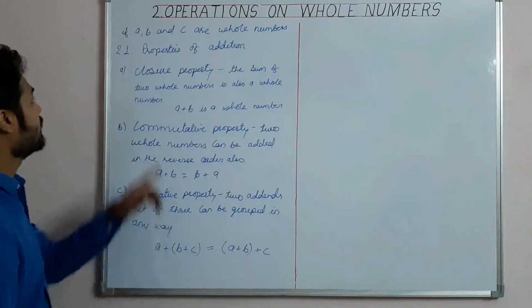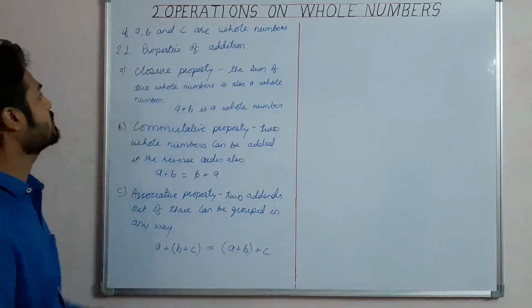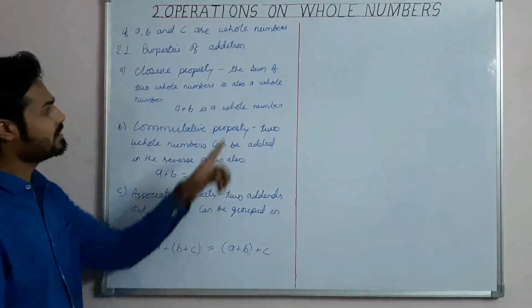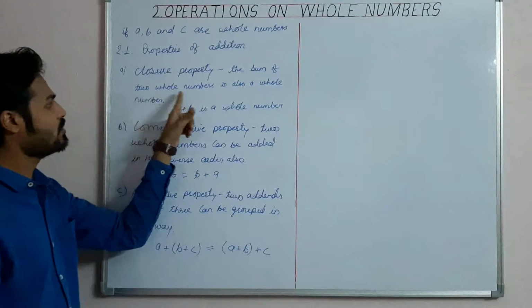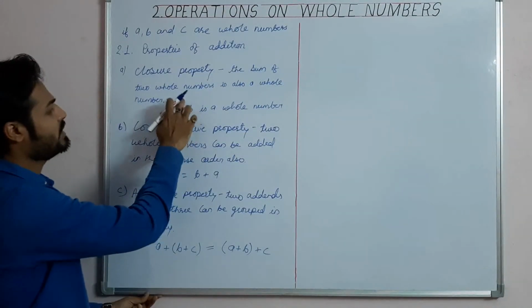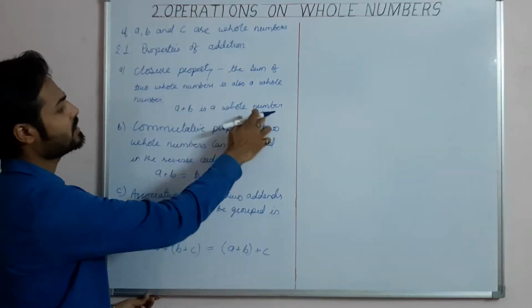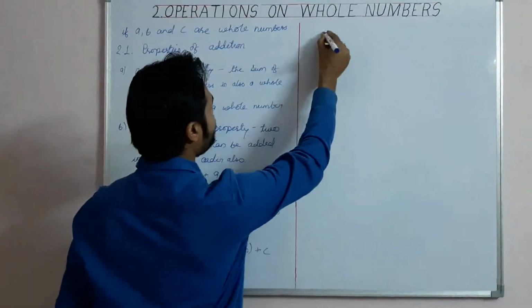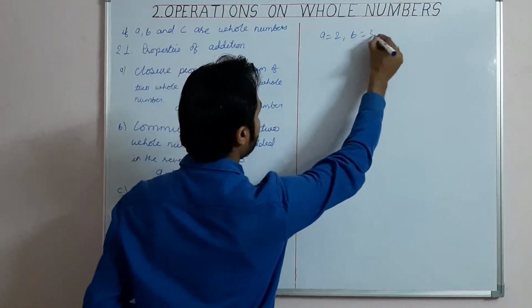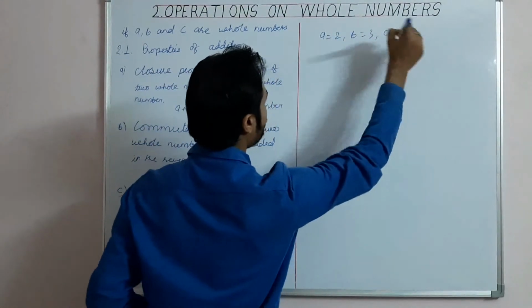If A, B and C are whole numbers, the first property of addition, the closure property, states that the sum of two whole numbers is also a whole number. Here the sum A plus B is a whole number. Let us take some values: A is 2, B is 3 and C is 4.